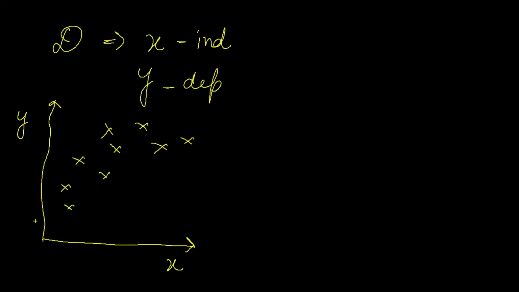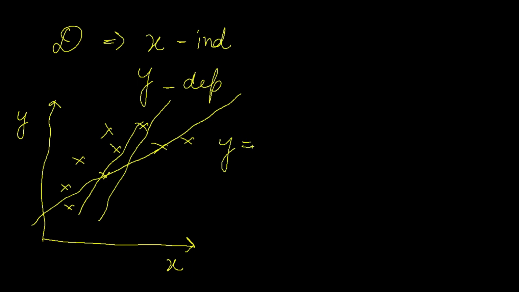Now, if we draw a line and try to fit this data with the help of a linear regression, we will get somewhat like this, or we can also get in other cases like this, or we can also get this. The linear regression equation will be like this: ax plus b. Since we have only one dependent and one independent variable, it is a simple equation of a line.